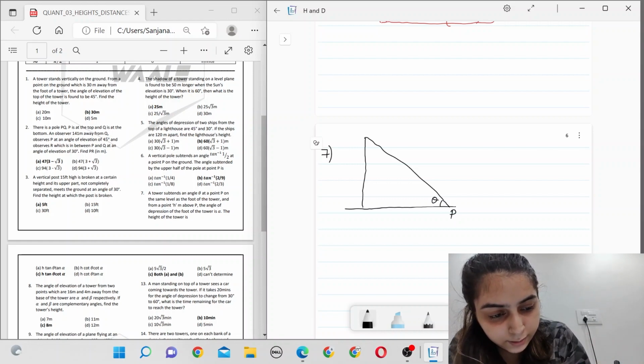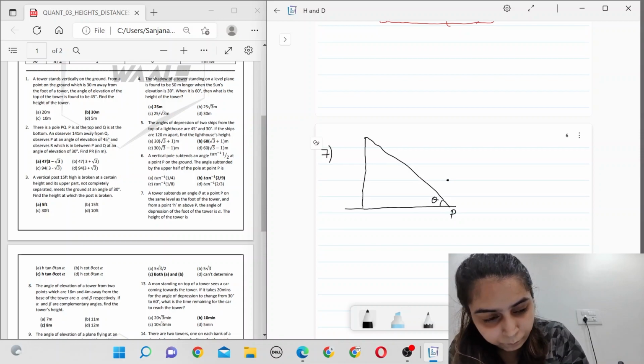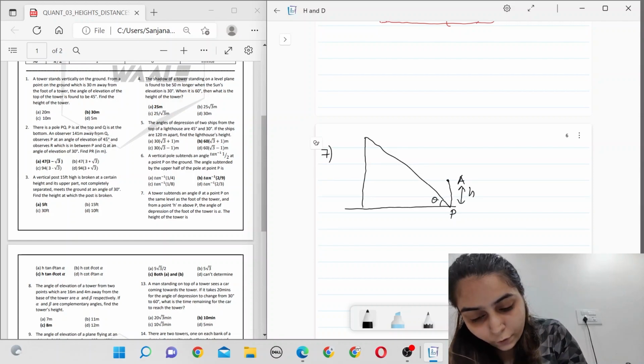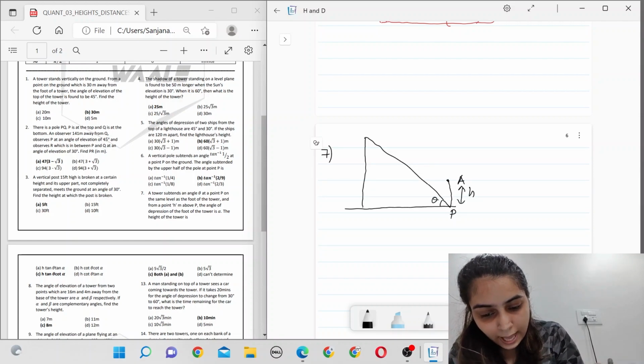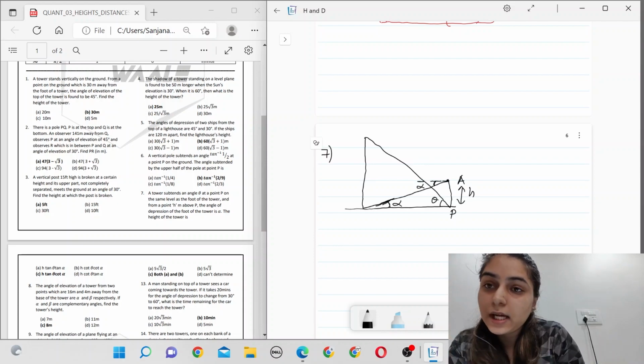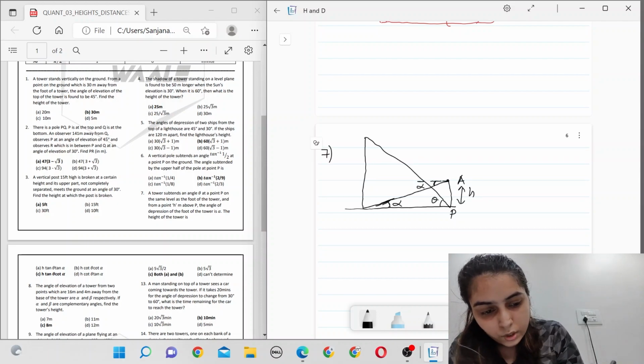So h meter, let us consider this point to be A, which is h meter above P. The angle of depression of the foot of the tower is found to be alpha, so obviously this angle will also be alpha.